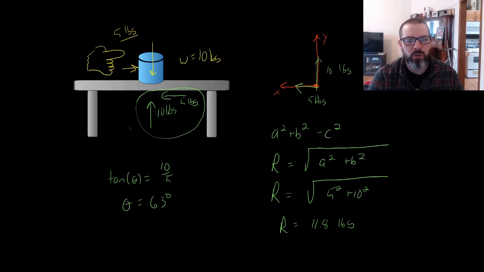So the resultant force of the table acting on the can is 11.8 pounds acting at 63 degrees from our positive x-axis.